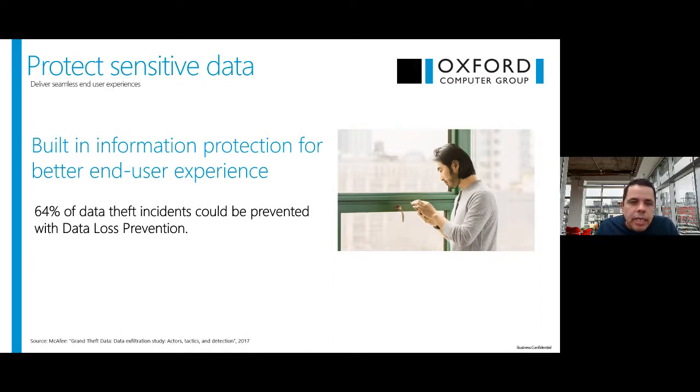There's greater guarantee that it's not going to fall into the wrong hands because someone happens to get their hands on it who shouldn't. That information will be encrypted and protected using the data loss prevention tools that are built into the Microsoft 365 suite.